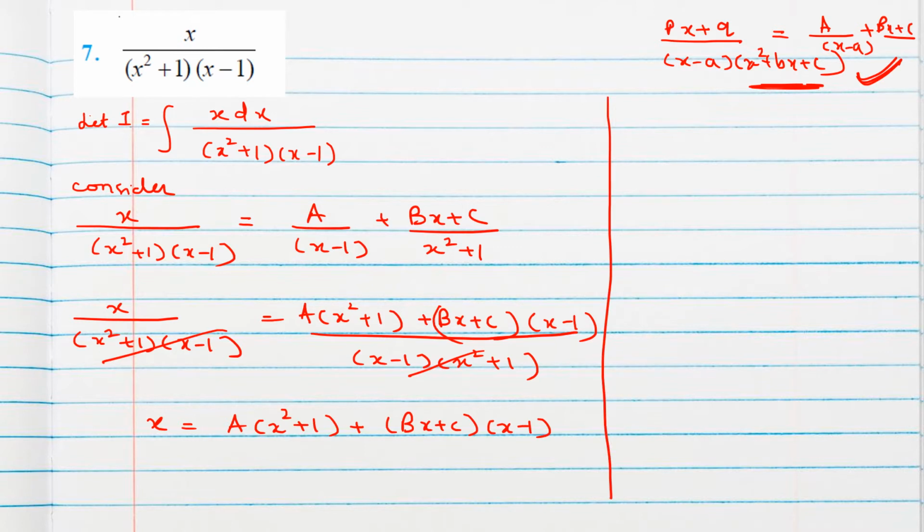So if you put x as 1 here, the B and C terms will go, and you can find A easily. So 1 equals A times (1 plus 1), this term will go, plus 0. So 1 equals 2A, that is A is half.